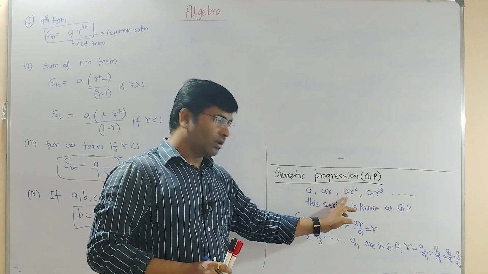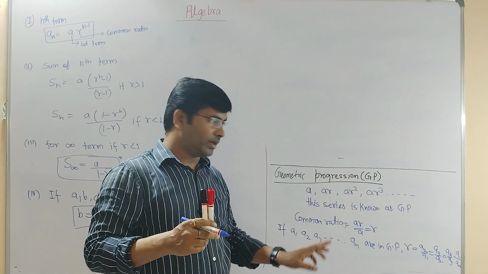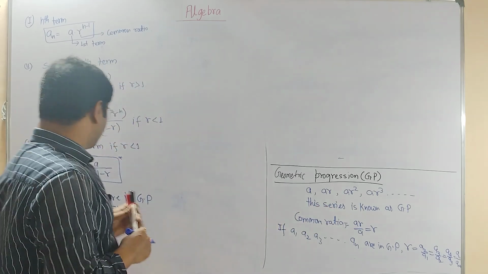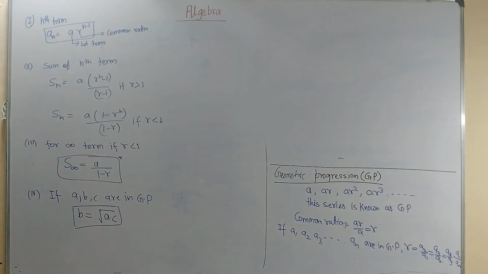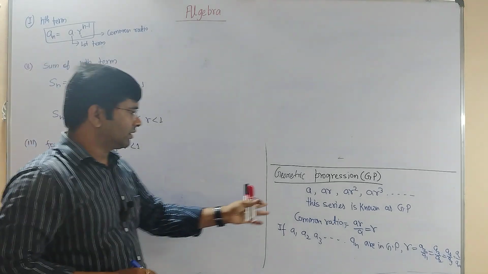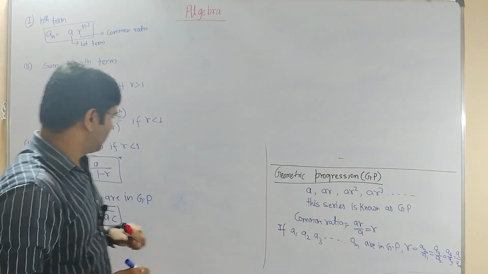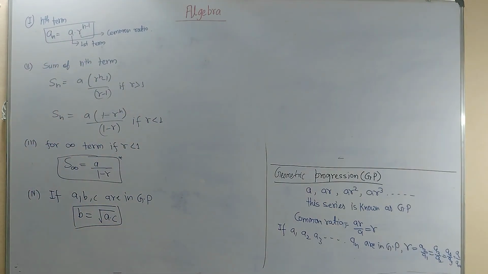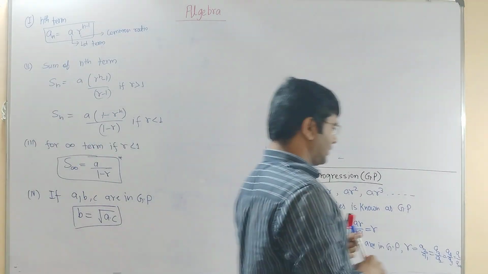Taking the square root, it will be ar, the second term. So if three numbers are in GP, then the second number is the square root of the product of the first and third terms. So this is about GP: infinite terms, up to n terms, nth term, and series. Complete.